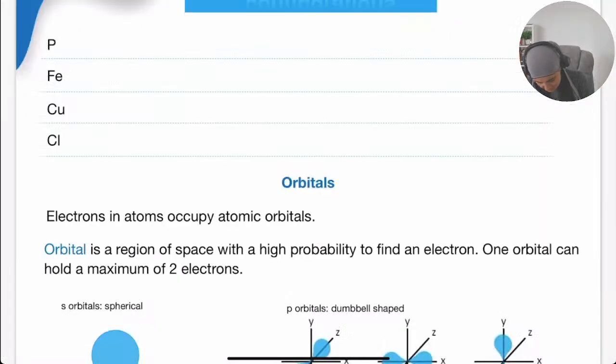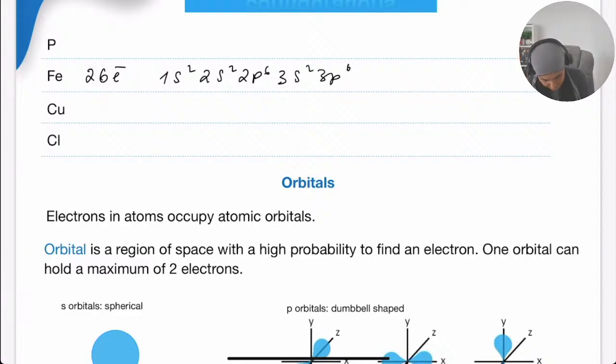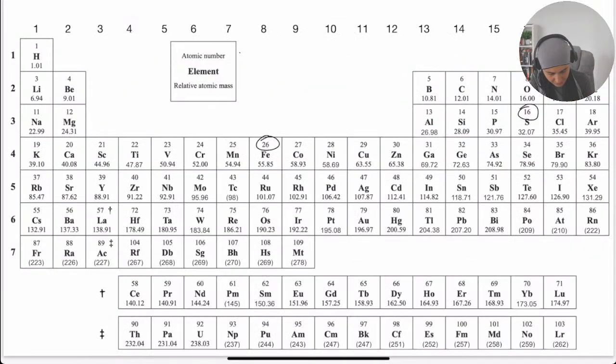26 electrons. So we do 1s2, 2s2, 2p6, 3s2, 3p6, 4s2, 3d6, that's 26. And then for the condensed configuration, I go to the data booklet, check the closest previous noble gas is argon with 18 electrons.